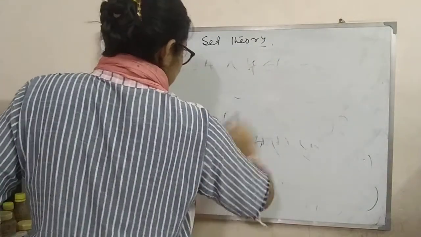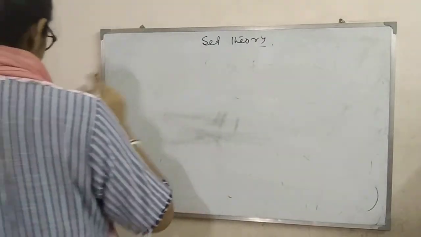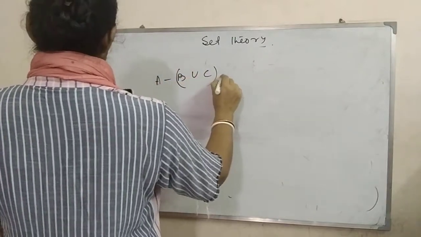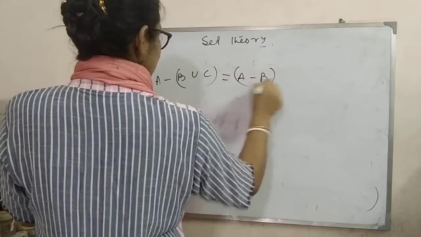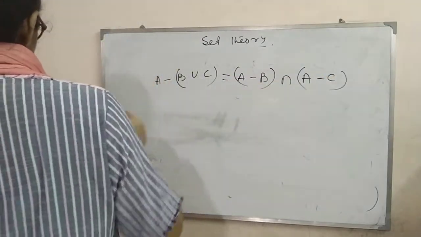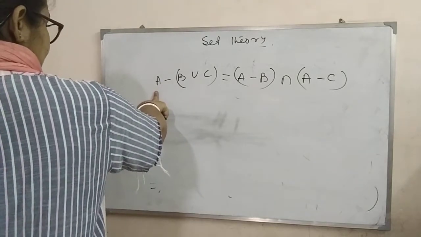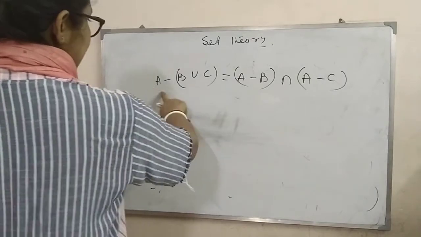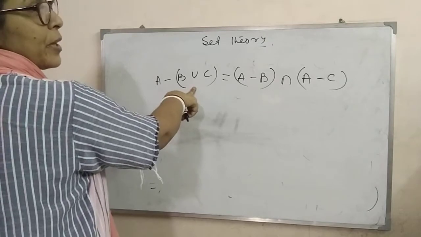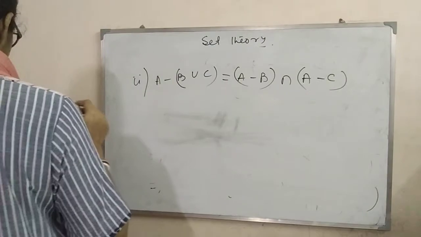Similarly you will prove A minus (B union C) equal to (A minus B) intersection (A minus C). First, you will take X be any element of this, that means X belongs to A, X not belongs to B union C, and after that you will prove this theorem.